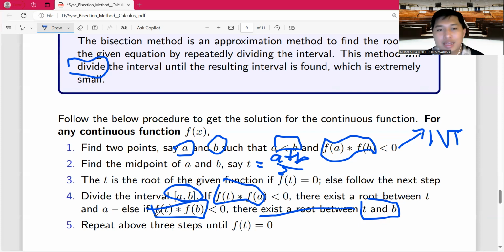And we will repeat these 3 steps until f of T is equal to 0. Meaning, the convergence just indicates that the iterations will stop if f of T is equal to 0.